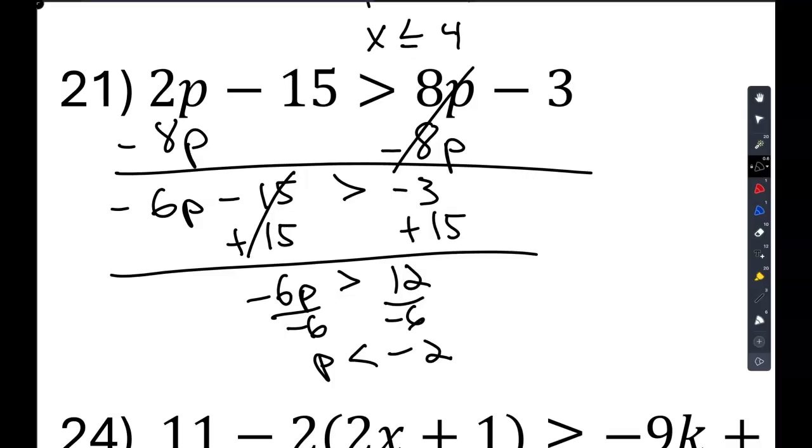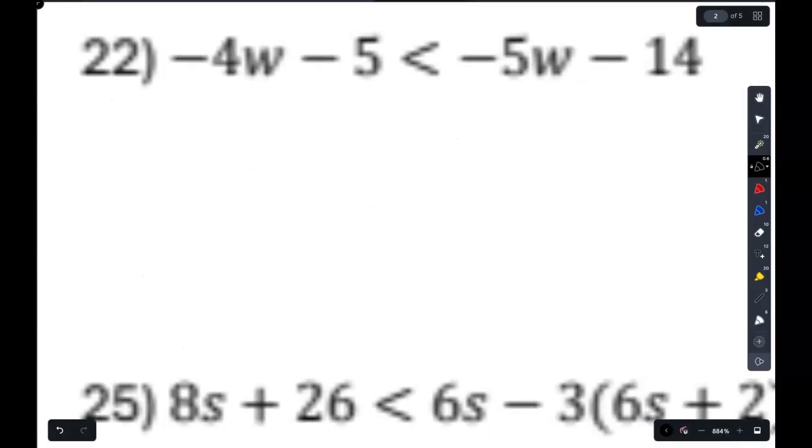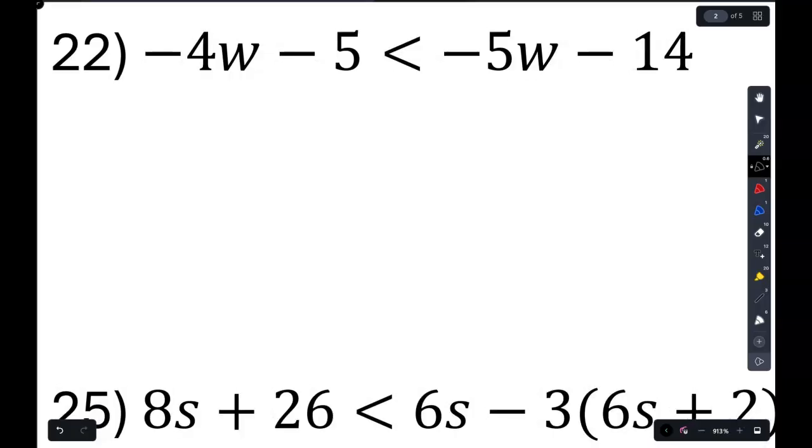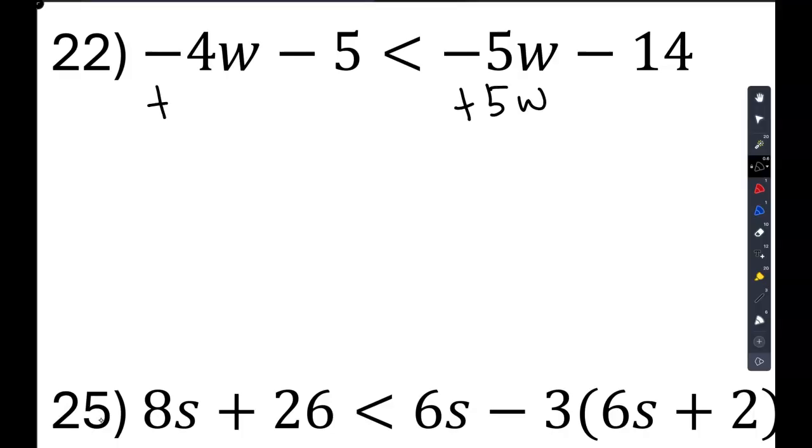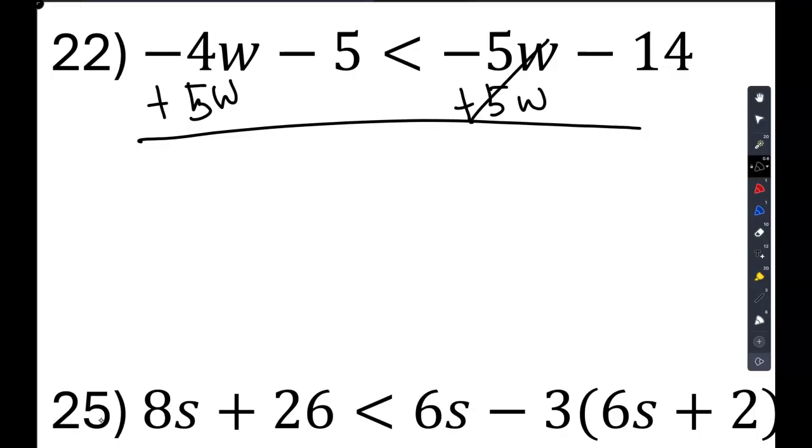All right, 22. I'm going to add 5w on both sides. This will cancel out. This will be just w minus 5 less than negative 14.